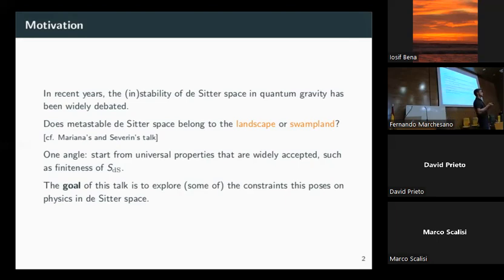If you believe in a holographic principle for cosmological spacetimes, this statement tells you that there are microscopically a finite number of degrees of freedom. And I would like to argue that this very reasonable assumption poses constraints on physics.